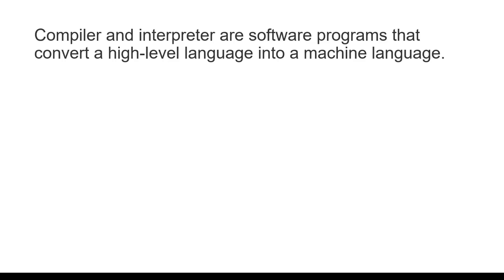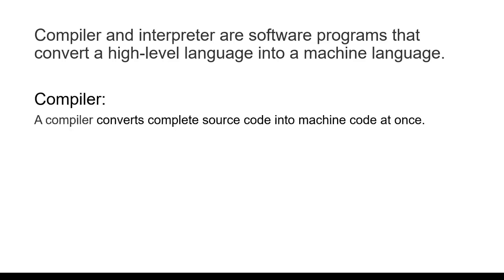So what is the difference between this compiler and interpreter? Compiler, what will it do? It will convert the high level to machine level, but the compiler will convert the complete source code into machine code at once. It means whatever code we write, that code is completely converted into machine code at once.